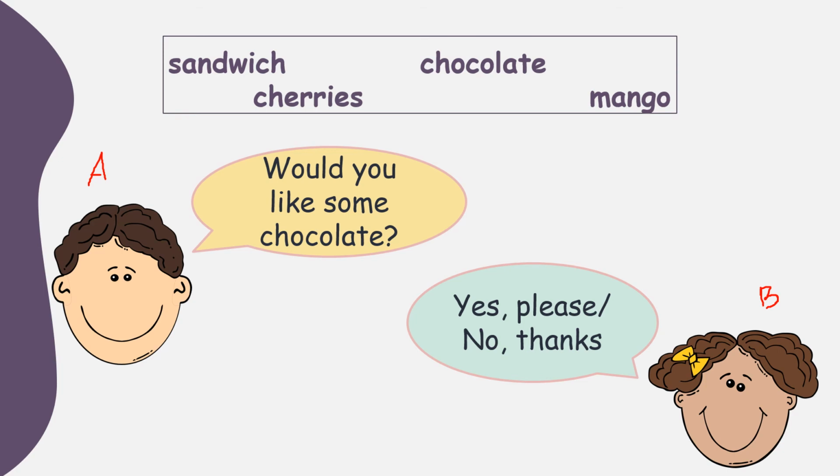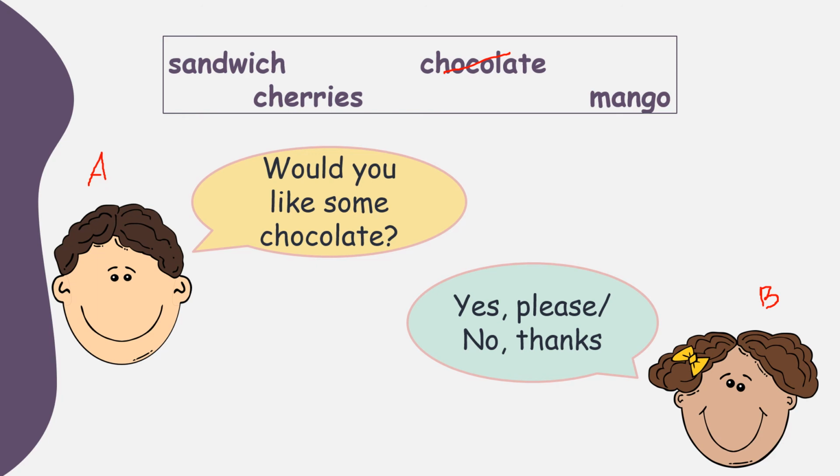Okay, so A will ask you using the noun, or using the thing in the box. For my example, I'm gonna use chocolate. And then I turn to be A. That means there will be somebody to answer my question. I say, would you like some chocolate?